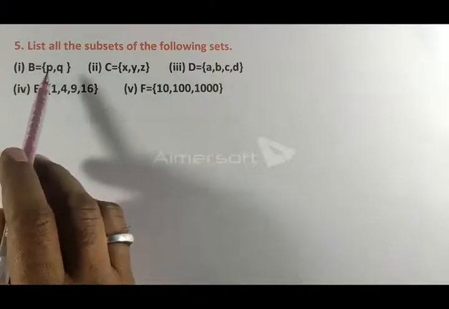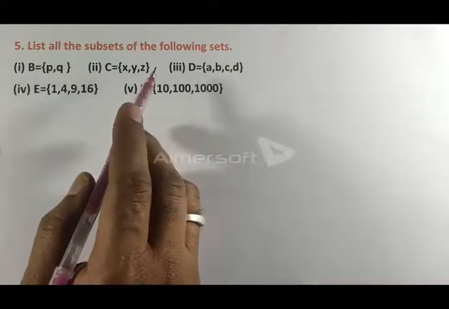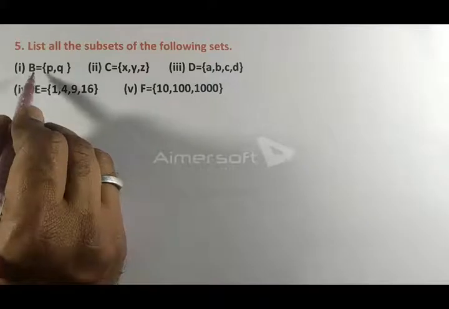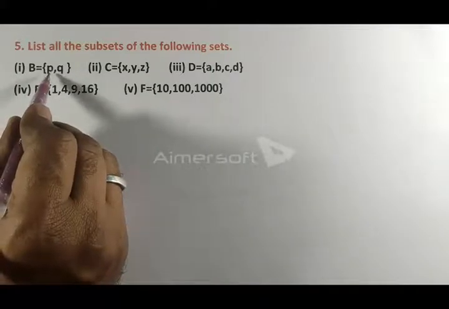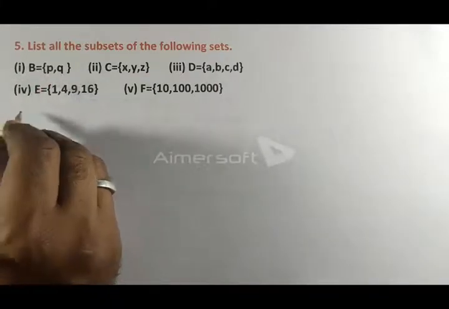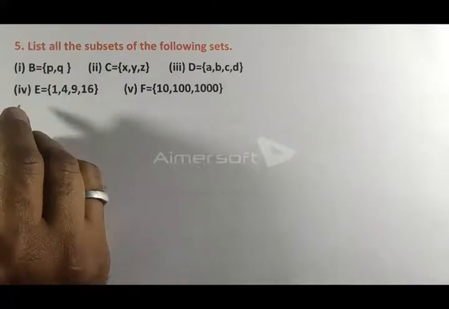Fifth question, list all the subsets of the following sets. First one, B is equal to {p, q}.